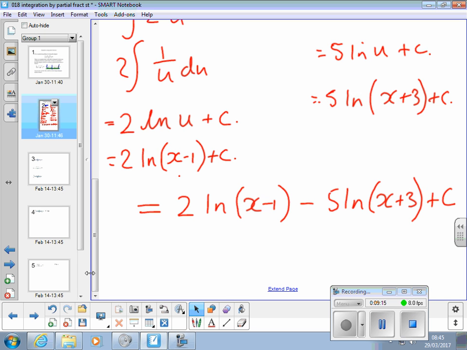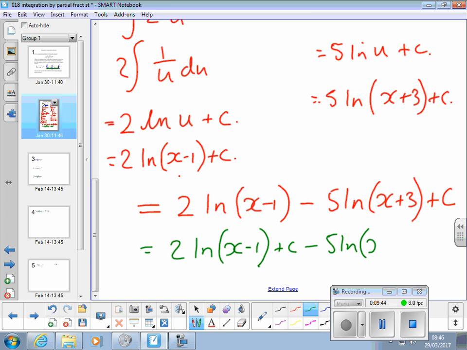But are there constants in each of these solutions? Well, if you wrote that out as 2 ln (x minus 1) plus c minus 5 ln (x plus 3) plus c, the two unknown constants you would just bring together, wouldn't you?